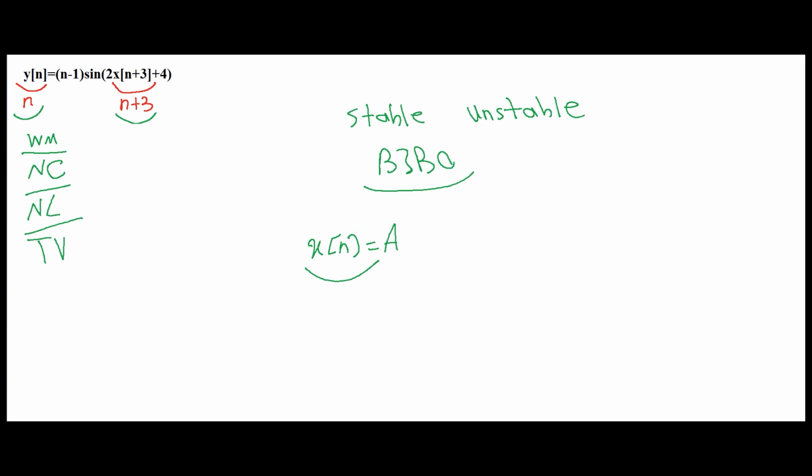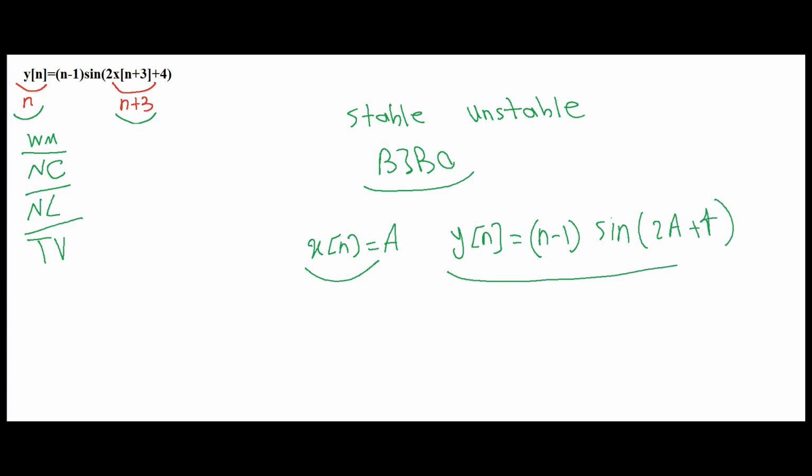Then the output becomes (n minus 1) multiplied by sine of 2a plus 4. Now we check whether the output can become unbounded. If n goes to infinity, the output also goes to infinity. Therefore, the system is unstable.